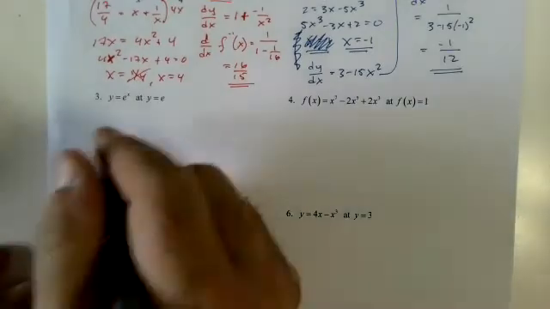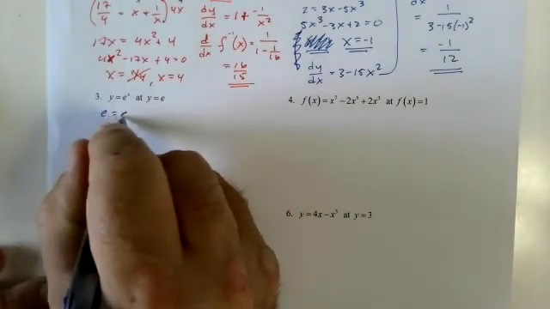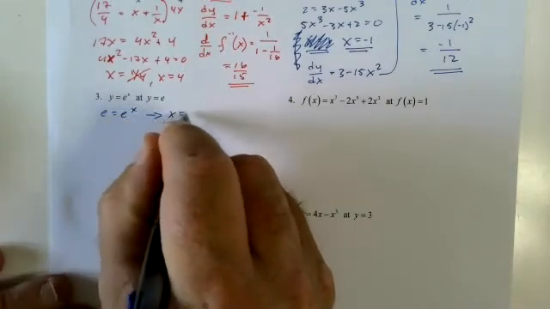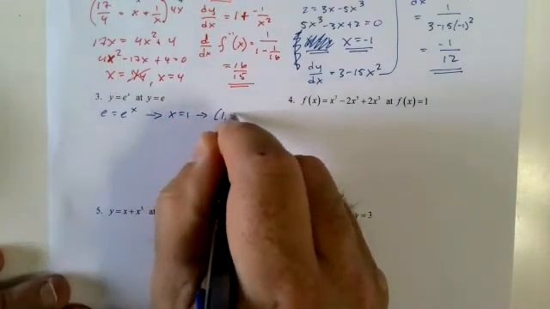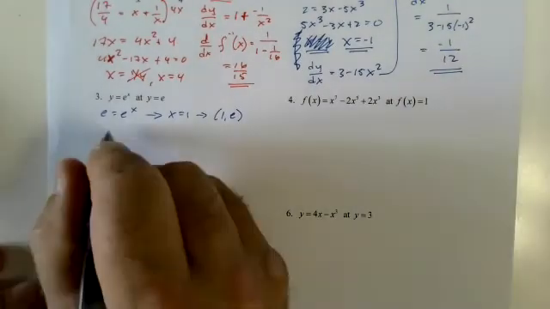Tricky stuff. When y equals e, x equals 1 comma e. I feel like doing this one the other way. Yeah, why not?